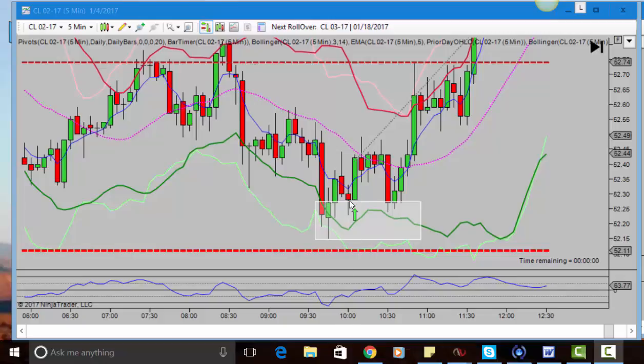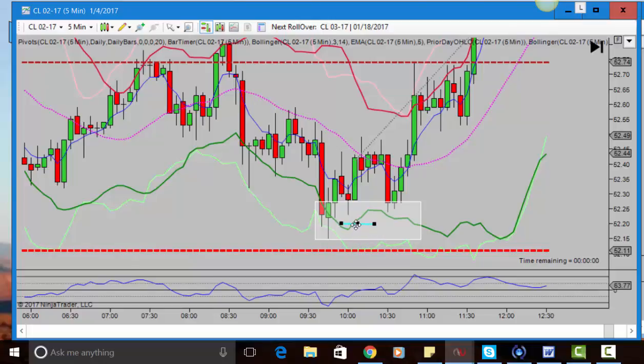So on entering there, you want to put your stop loss below the Bollinger Band, like so, right? Or if you think that's a little too risky for you, you can come down to the -3 standard deviation Bollinger Band and put it down there.